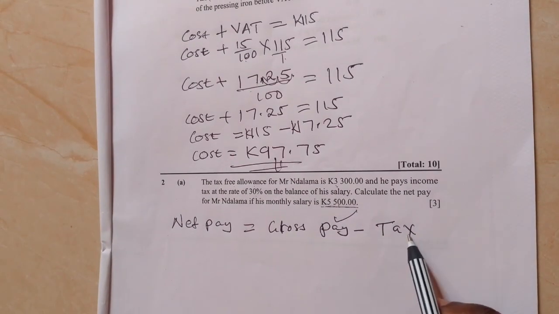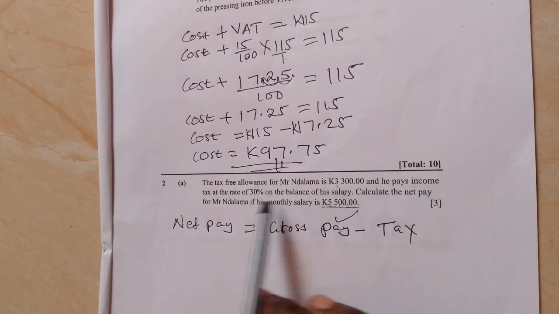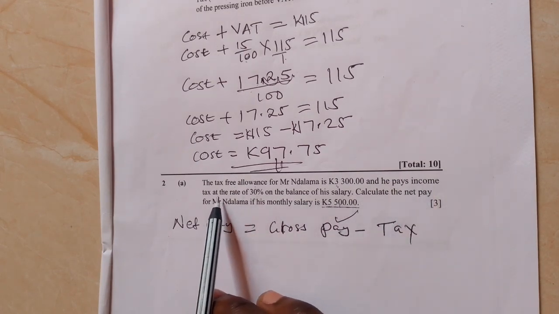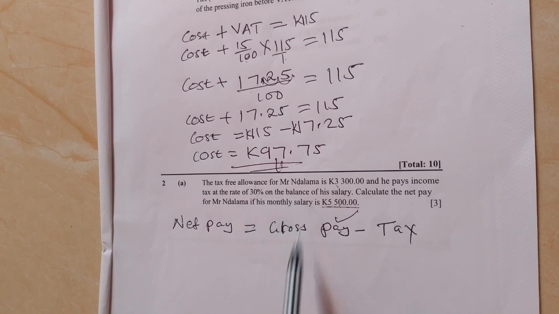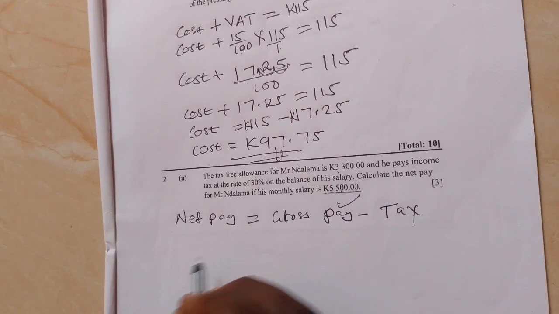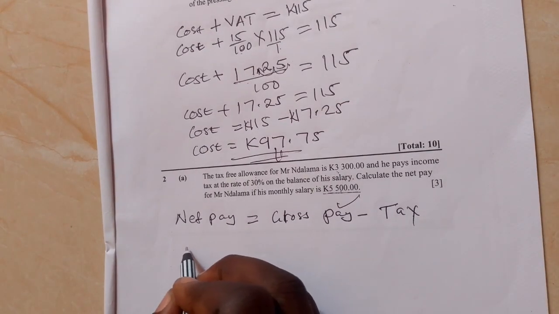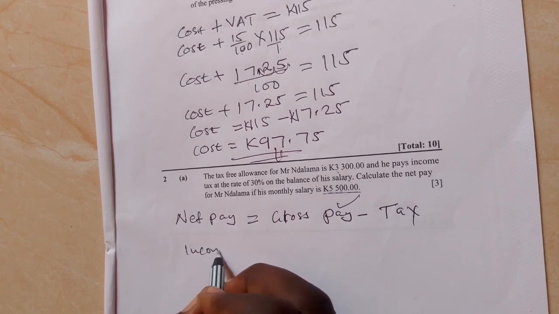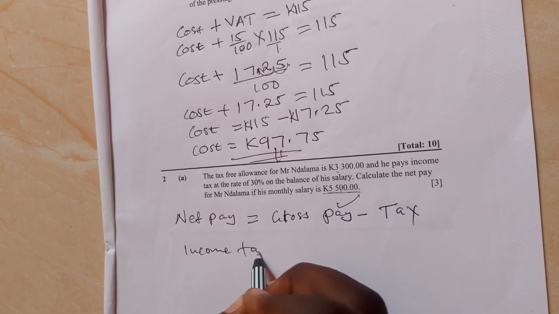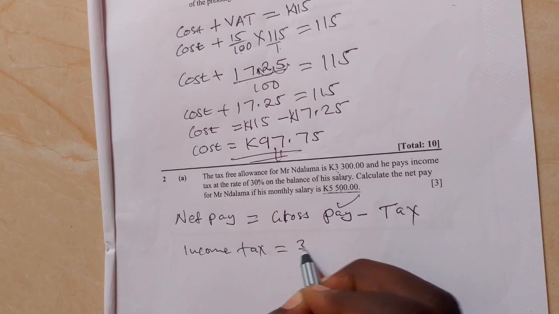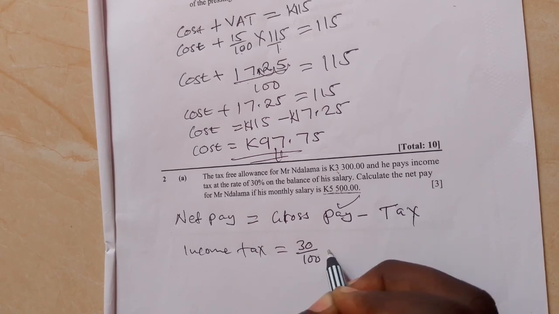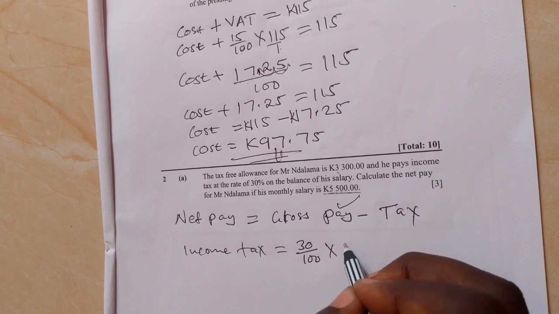Now in this question they have said income tax is charged at 30% on the balance. So for us to find the net pay, first of all we are supposed to find the income tax, which is just 30% on the balance.